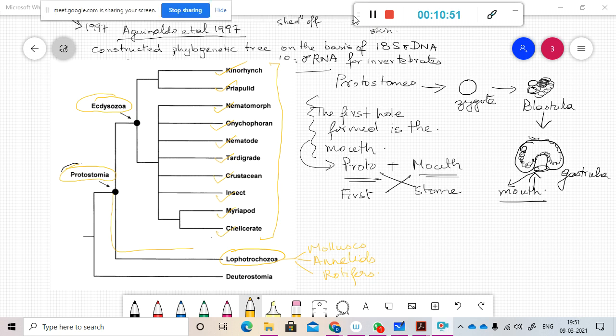So before the interruption, we were at the place where the ecdysozoans are basically the ones which shed off, or there is molting which takes place in these organisms.